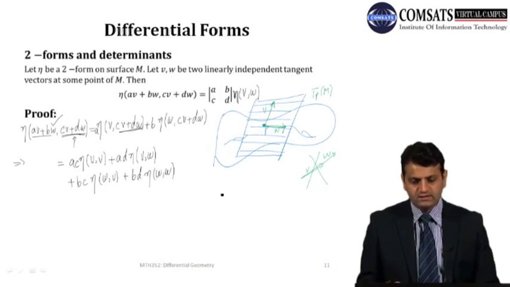Now we have seen that eta of VV is 0. So whenever these two vectors are same, then they are 0. So this implies this is 0 and this is 0.